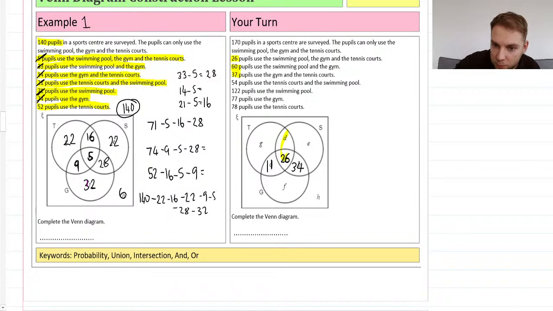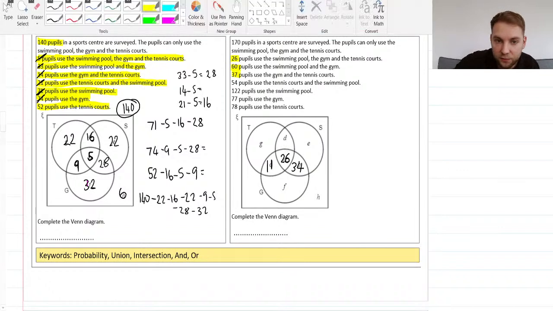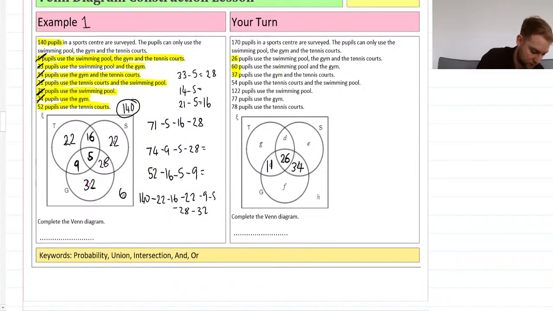So tennis court and swimming pool is this part here. We know that's 54. So I know that these two here sum to 54. So to work out what that is, I need to do 54 take away 26, which is equal to 28. So that one there's 28.